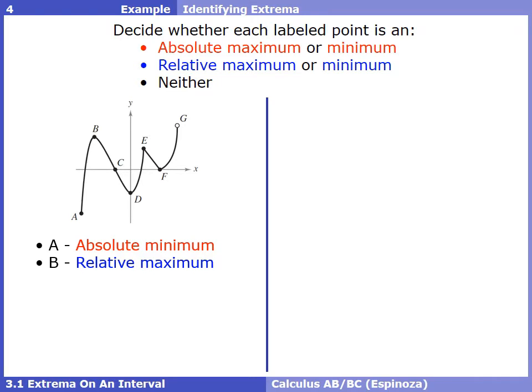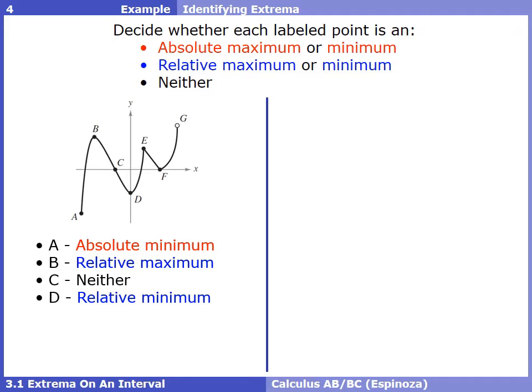Well, it's not a hill, it's not a valley, it's not a high point on the graph, and it's not a low point on the graph. So we can say point C is just nothing, it's neither. What about point D? Well, point D is a valley. So we know that it's for sure a relative min, and since point D is not the highest point or the lowest point on the graph, it's just a relative min.